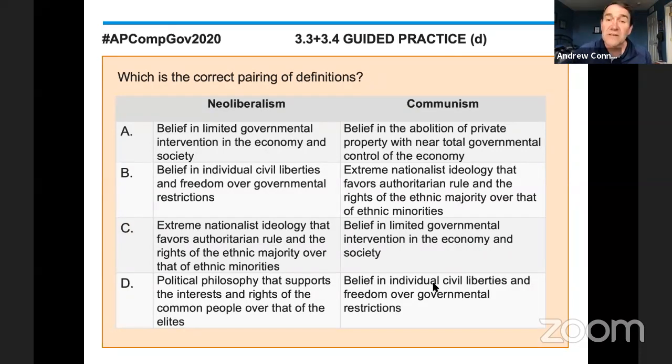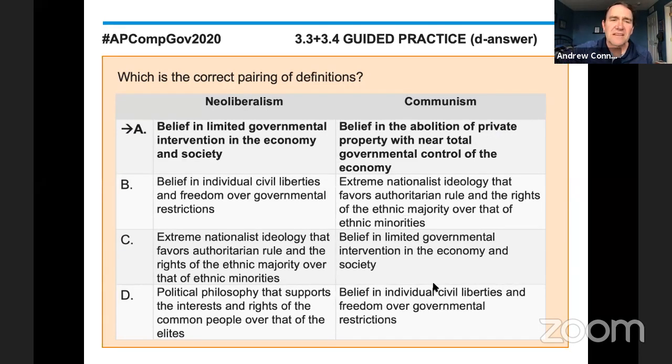And to contrast neoliberalism and communism in this case. And hopefully it didn't take you long to get into letter A, that neoliberalism, more limited government intervention in the economy, what we call free market, or communism, the abolition of private property.